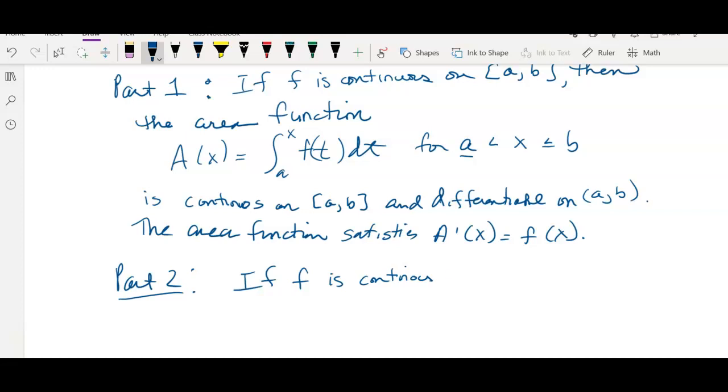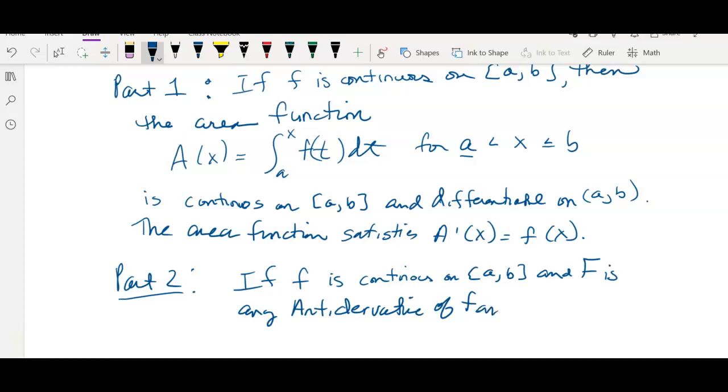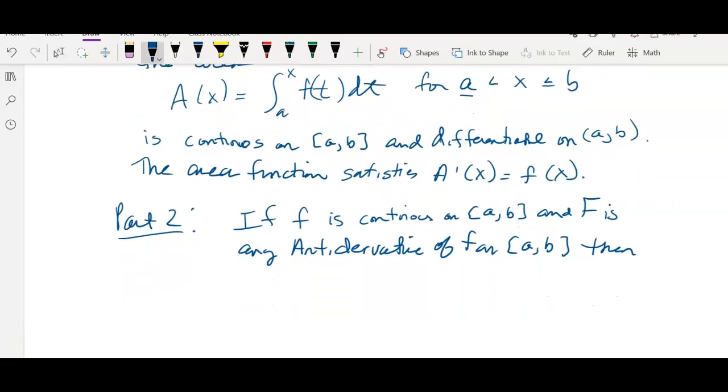Remember the notation: if you take the derivative of f of x, you use capital F as the antiderivative. So this is the biggie.